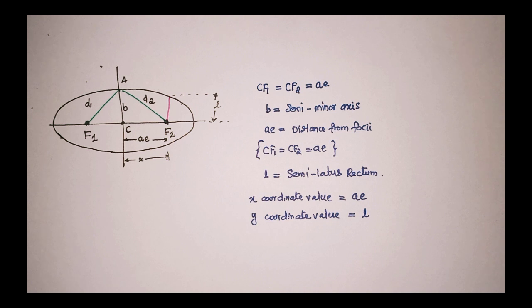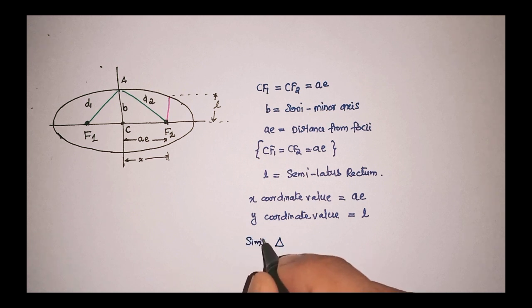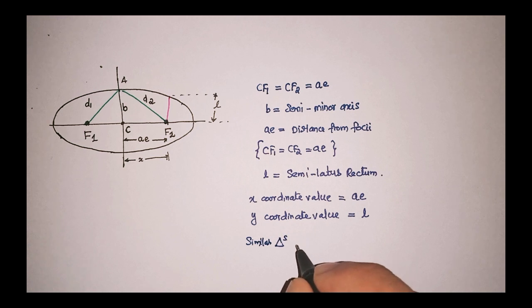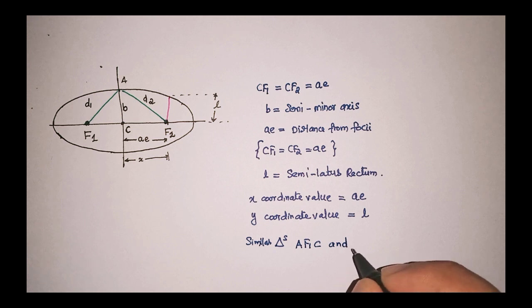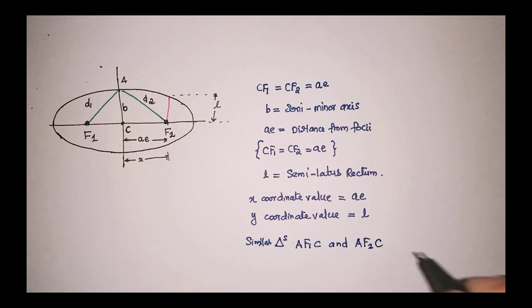Now I want you to recapitulate the similarity of triangles we have already studied in the 10th or 8th standard. Let's say we have similar triangles AF1C and AF2C.